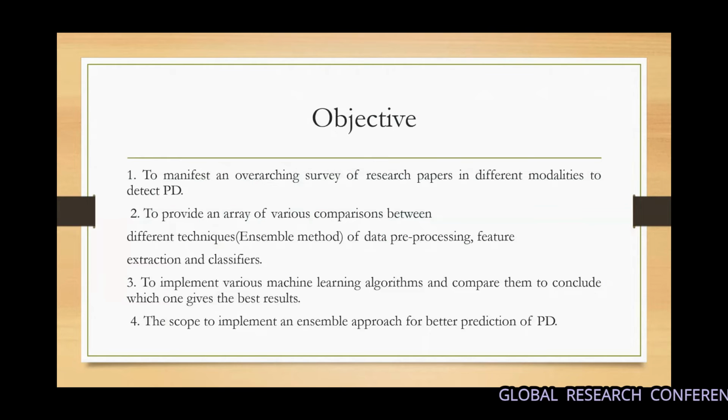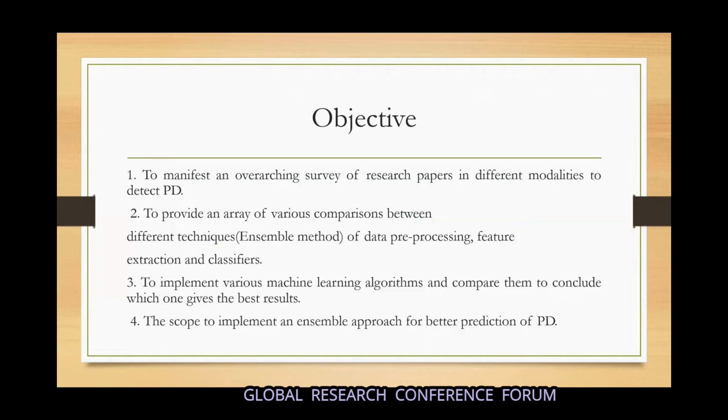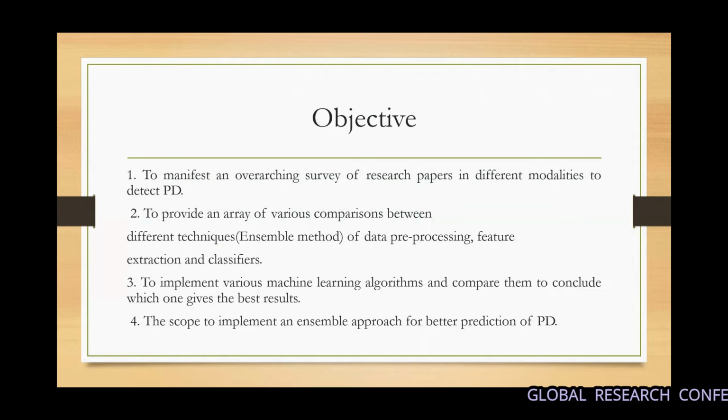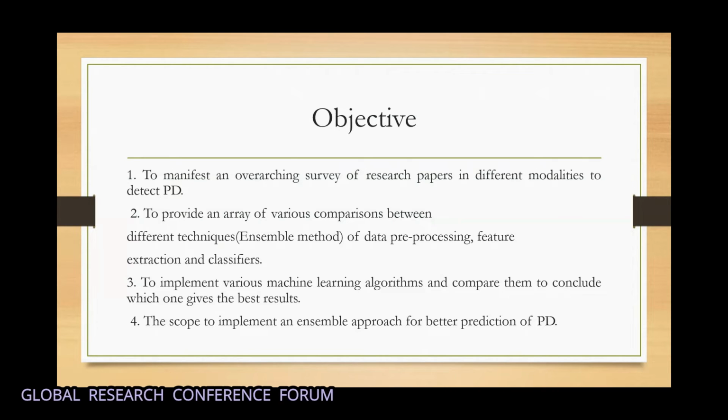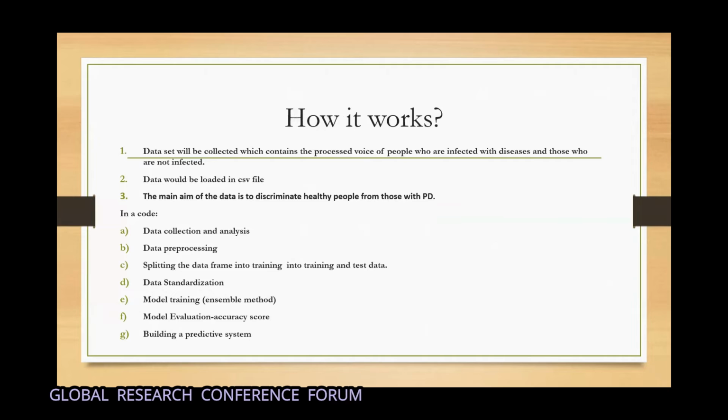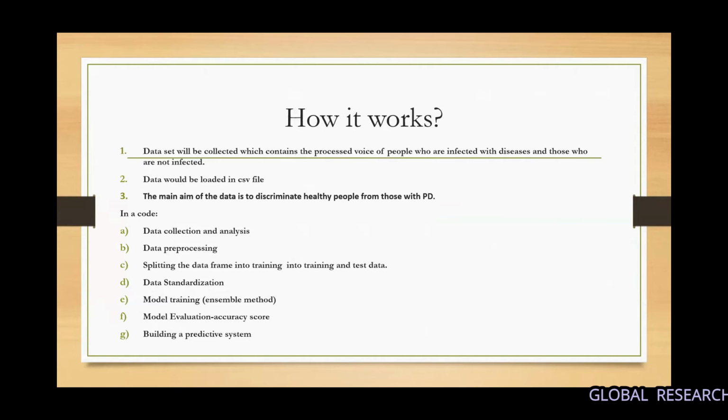The objective of the project is to provide an array of comparisons between different techniques of data pre-processing, feature extraction, and classifiers, to implement various machine learning algorithms and compare them to conclude which one gives the best results. How it works: first, the data set will be collected, which contains the processed voice of people who are infected with the disease and who are not infected, loaded in a CSV file.